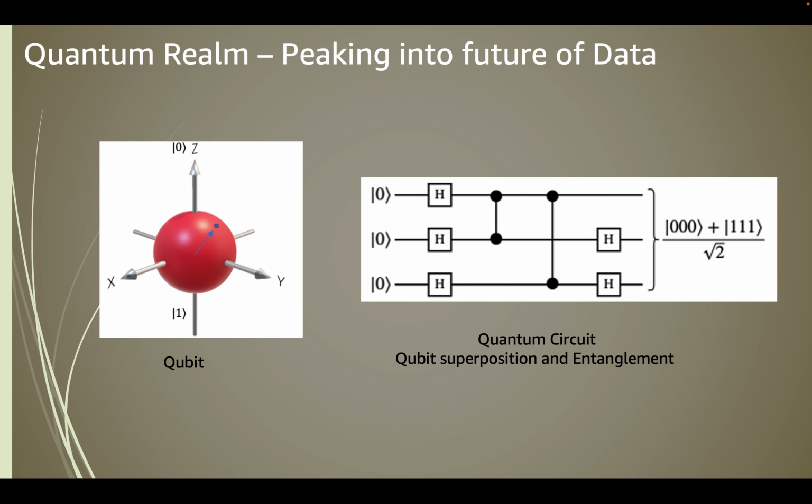Traditional computers are not able to host and store that large amount of data, and that's where the quantum computing revolution is coming. It is still work in progress, so I'm assuming by the end of this decade, by 2030 or so, we should have a very stable quantum computer to perform all those things. But lots of experiments are still in progress, and it performs on the qubit rather than the bit.